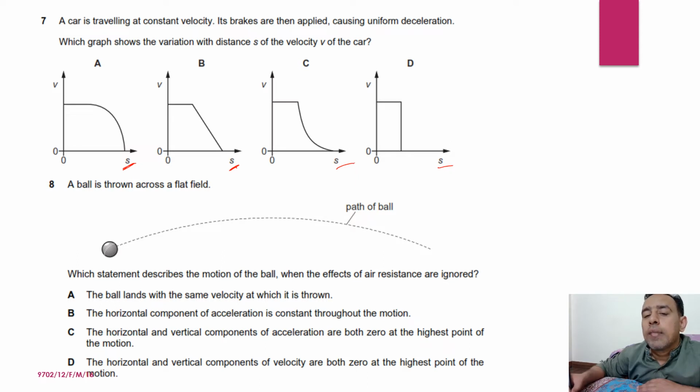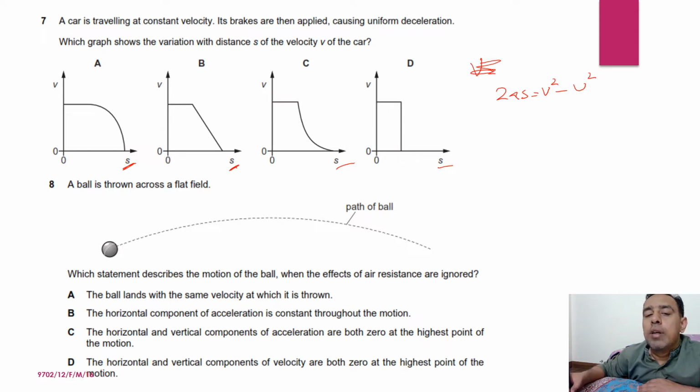You know that v is equal to u plus at? No, 2as is equal to v square minus u square, because in the first two equations we have time involved. No time is given here, so we have to write this equation.